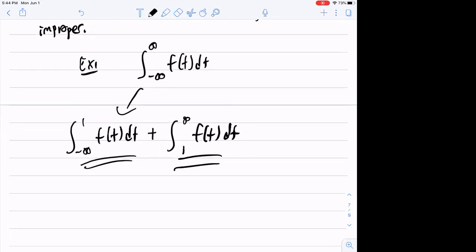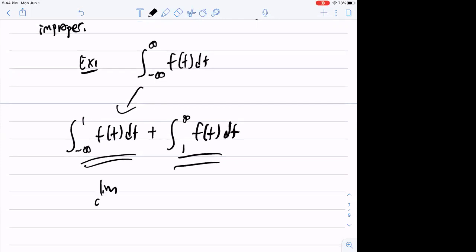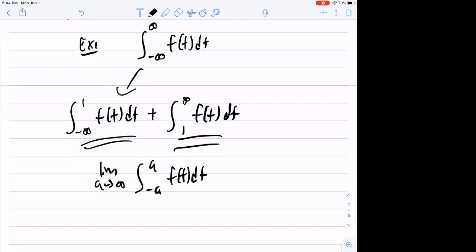Why is this important? Because some people do this, and this is not the case. It's not true that these two are equal. The famous example is f of t equals sine. If you use the split way, sine keeps oscillating, so it's pretty clear these limits don't exist.